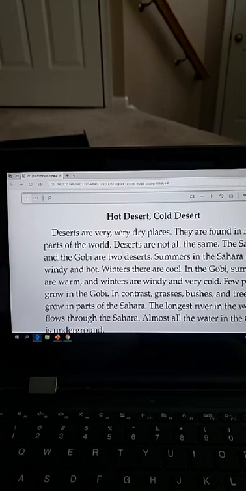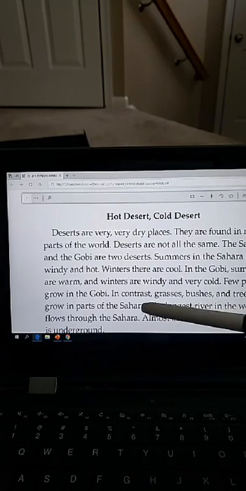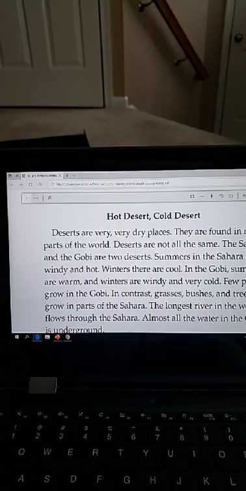So as we read, we saw the word contrast, which means different, not alike. Now we're talking about plants. It says few plants grow in the Gobi. In contrast, grasses, bushes, and trees grow in parts of the Sahara.